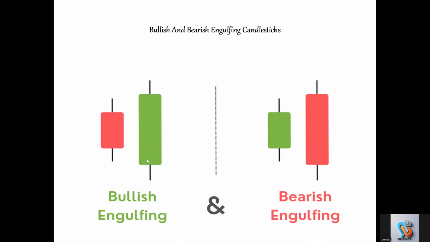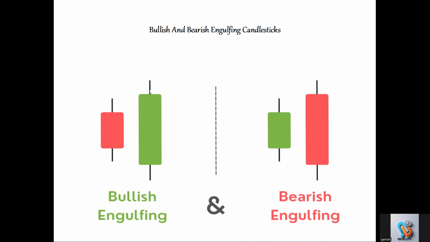It got to the level where plenty of buyers were waiting patiently for the price. Immediately it touched this point, it started seeing a massive push to the upside, and at the end of the day, the bullish candle engulfed the bearish candle.